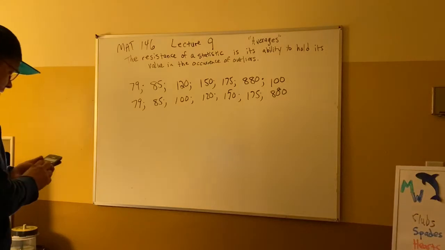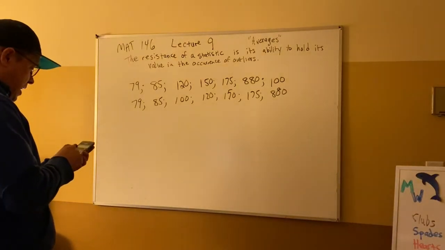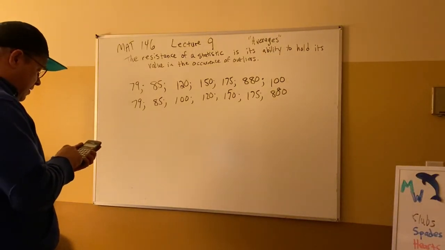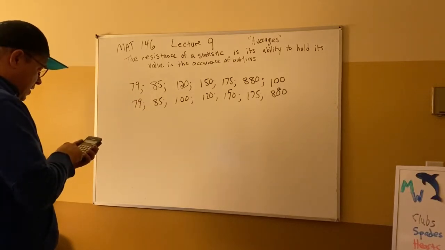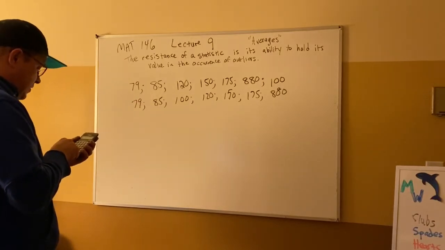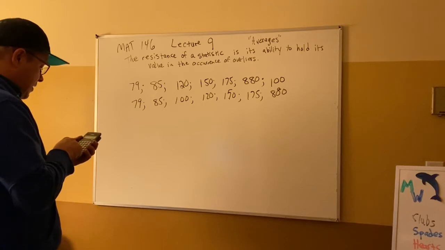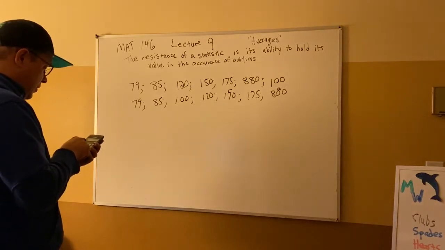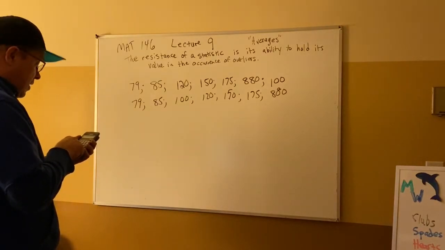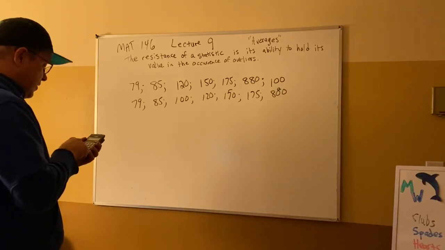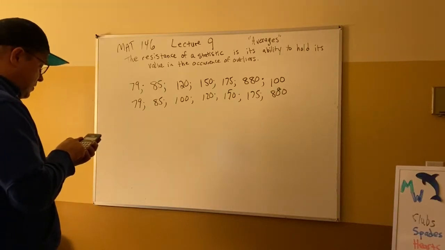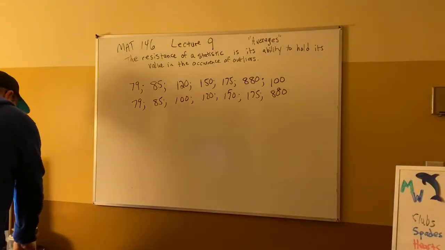Now, I want to go ahead and find the values for these. I want to find the mean, so I want to add them up. I'm going to go with the ordered list: 79 plus 85 plus 100 plus 120 plus 150 plus 175 plus 880. Okay, 1589.